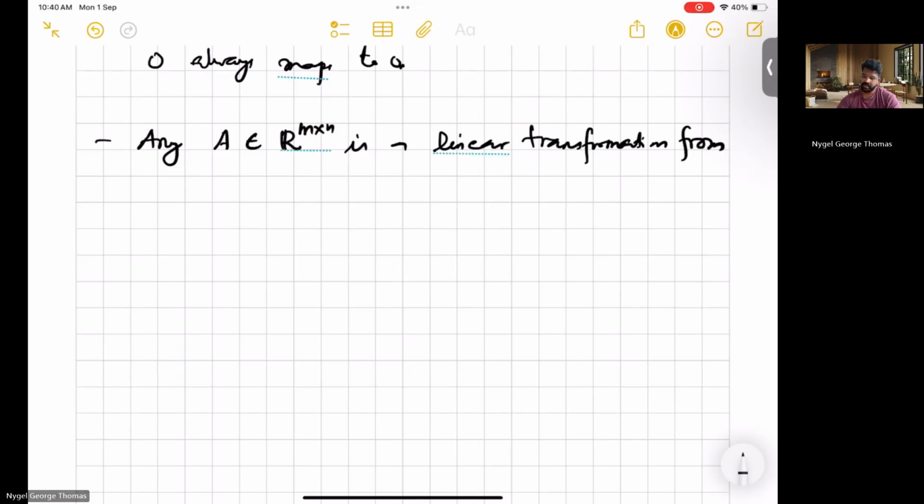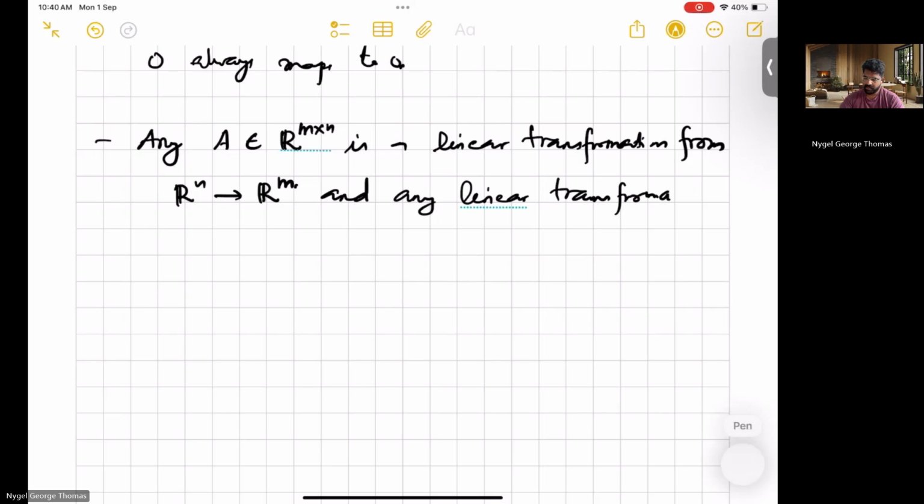From Rn space to Rm space. And any linear transformation can be expressed as a matrix.